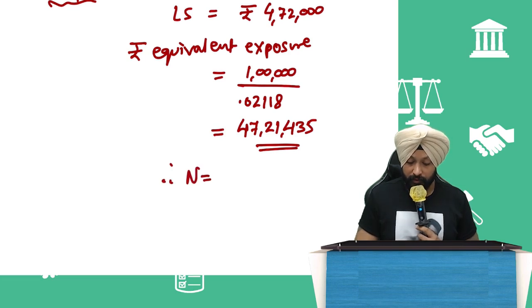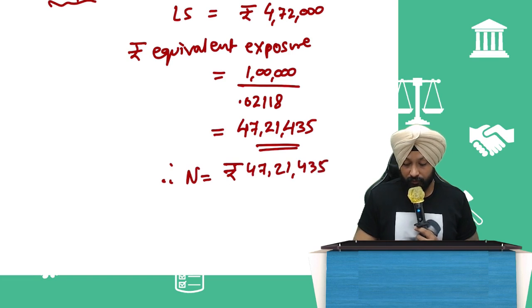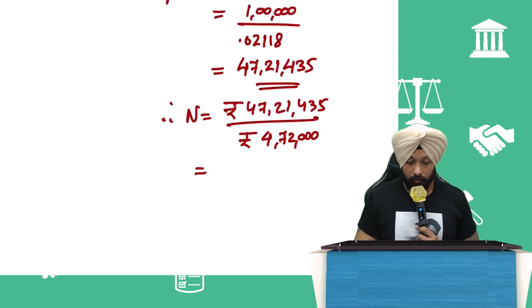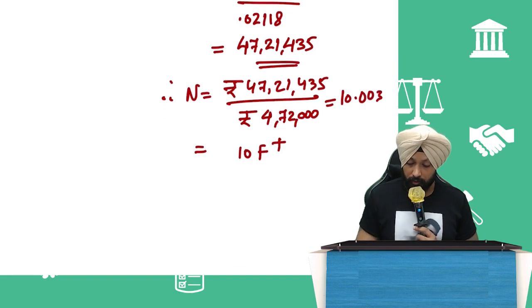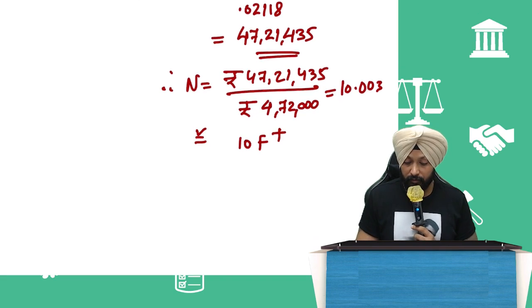Therefore, number of contracts is equal to rupees 47 lakhs 21,435 divided by rupees 4 lakh 72,000, which is 10 plus. What was the exact value you were getting? 10 point? Okay, this is almost same. So 10.03, approximately we have taken 10 lots.